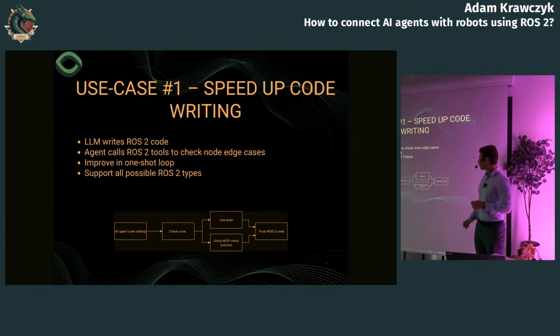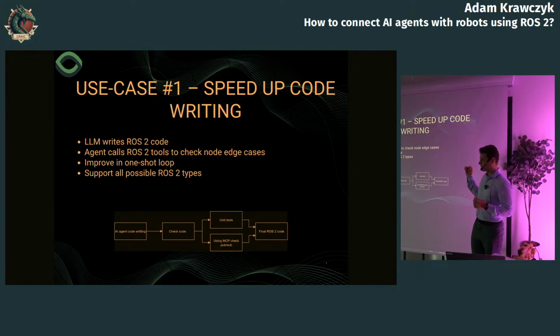There is a point: support all possible ROS2 types. There are a few implementations of MCP for ROS2, but they're starting from a different point. They're focusing on one task, like for example, publishing a cmd_vel or twist command to control the robot, or getting data from a camera.